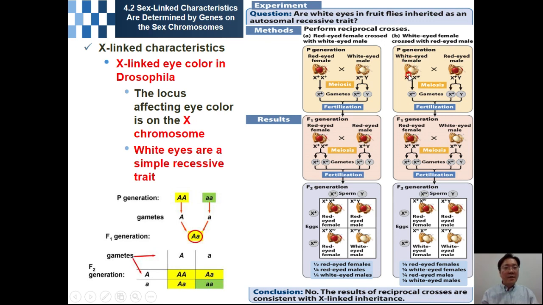The genotype will be XW XW, and they cross with the wild-type male, which means X plus Y. In this case, the female makes XW as a gamete, and the red-eyed male makes X plus or Y. After fertilization, when they are crossed, all of the females show red eyes.